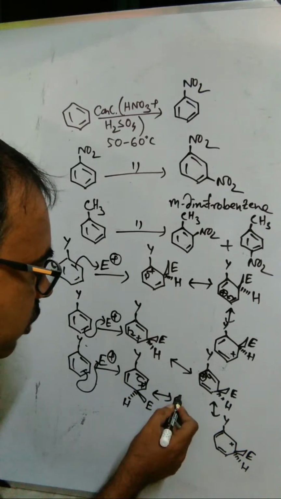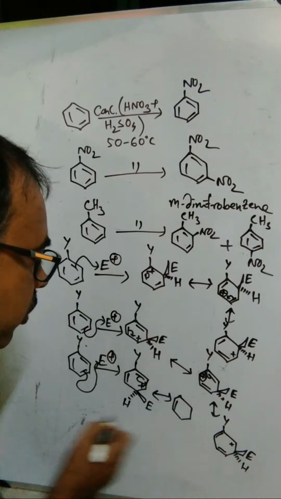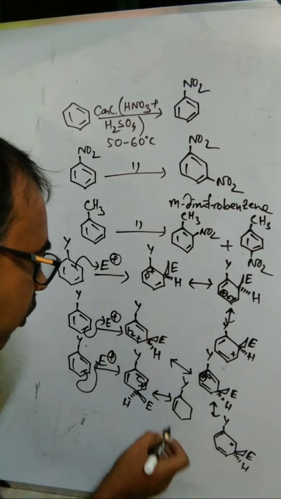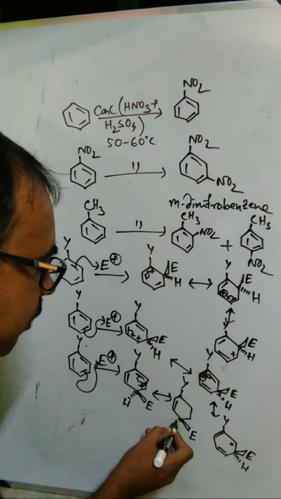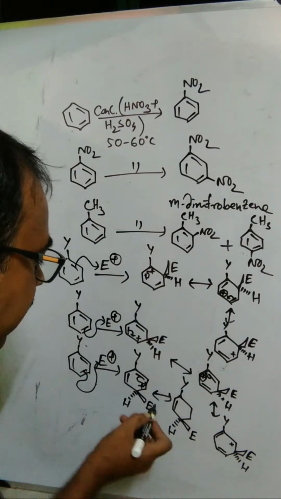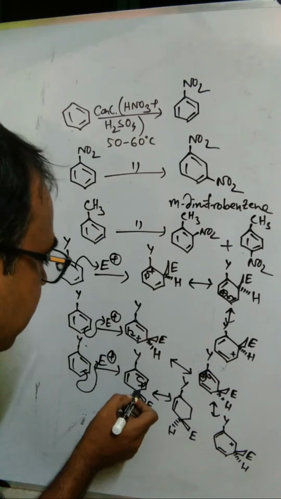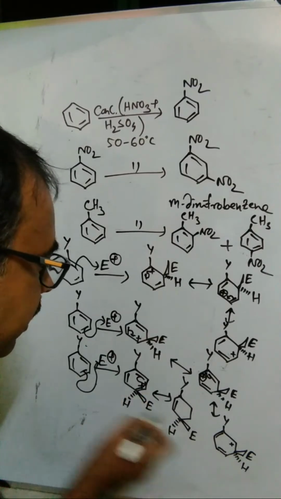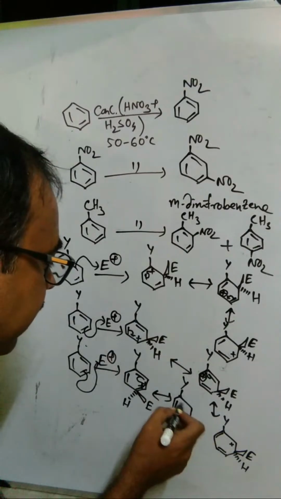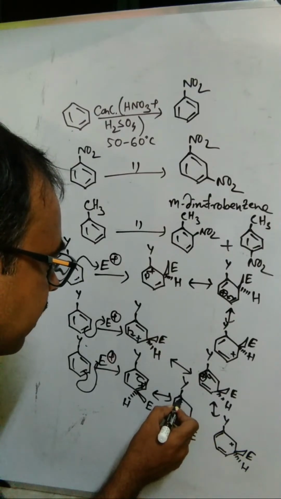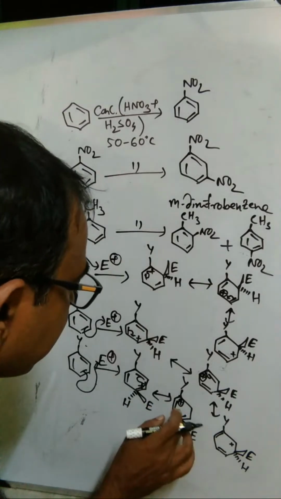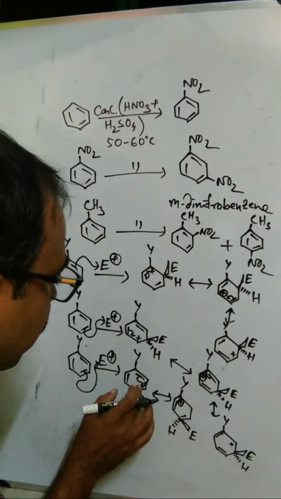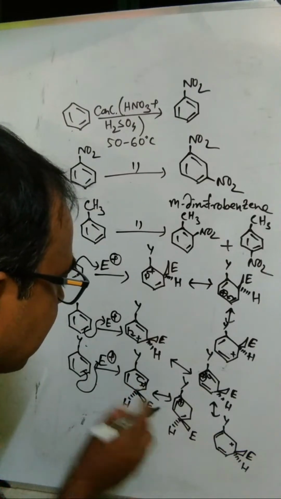So the resonating structure is like that. This bond remains intact. Here Y is already present, the electrophile is above the plane and the hydrogen below the plane, and here a bond was already there. This bond remains intact, and the positive charge is here because the bond is broken from this carbon, and a double bond is formed here.